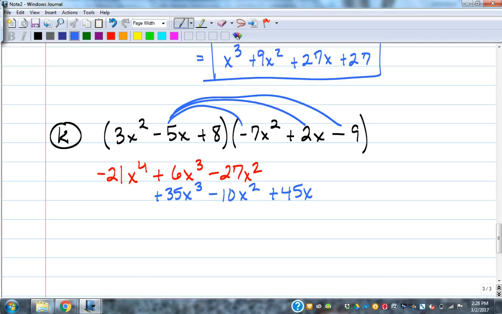Be careful of your signs. That's the mistake that's going to get most of us. If we make a mistake, it'll probably be because we missed a negative sign somewhere or a positive sign, depending on which way you look at it.